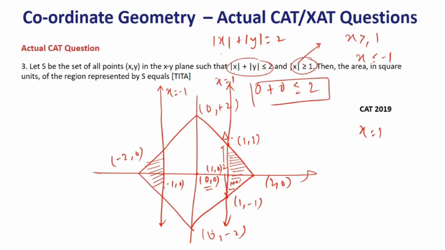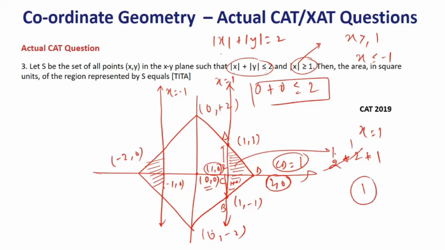This horizontal length AB is equal to 2. And let's say if we take this point as C and this point as D, CD is equal to 1. Why? Because this point is (1, 0), this point is (2, 0). The distance between the two is 1. So what's the area of one triangle? Half into 2 into 1, which is 1. So the area of one triangle is 1. There are two triangles. So therefore the area here will be 2.